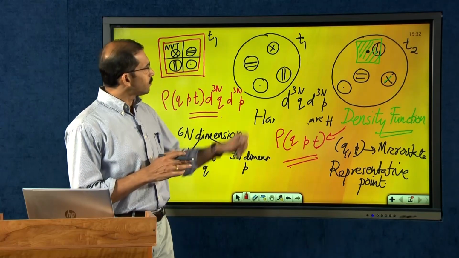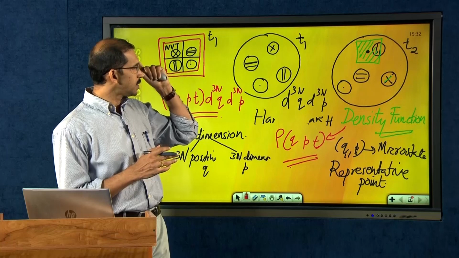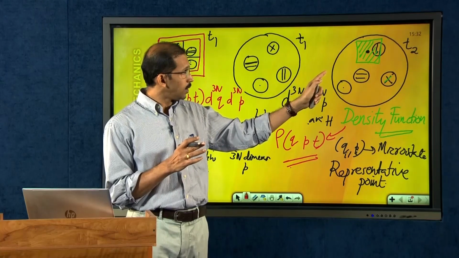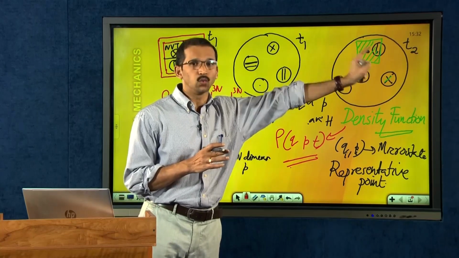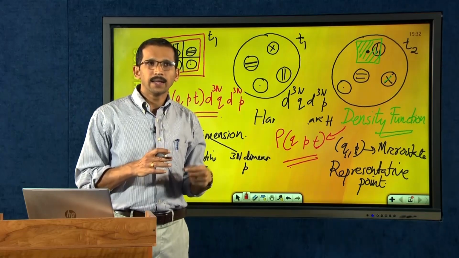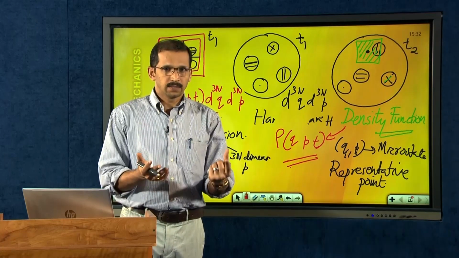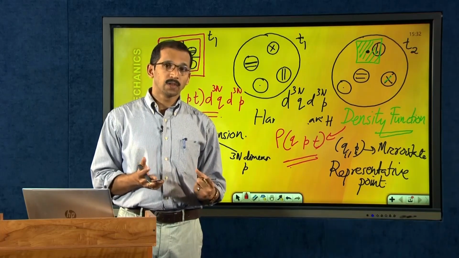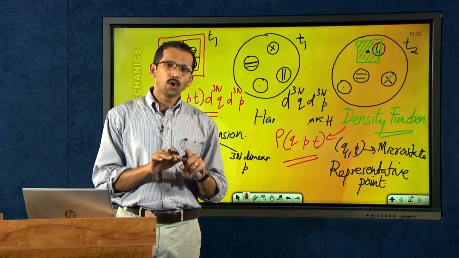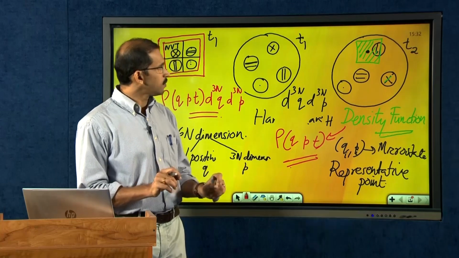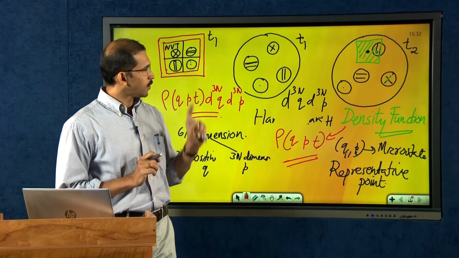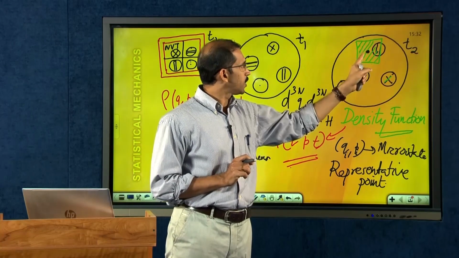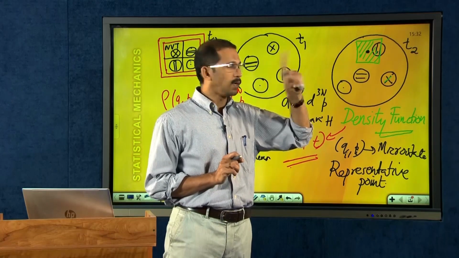Now, when I was explaining the density function, I defined it at a particular instant of time. I asked you to choose a volume of your freedom at a particular time, say t2. Now, the density function offers more than that. It symbolizes the manner in which members of the ensemble are distributed among all possible microstates at different instances of time. For example, at t2 you chose this volume around a representative point q p.